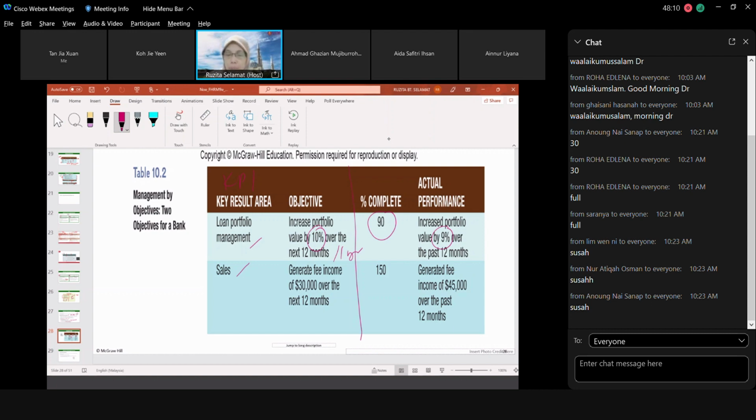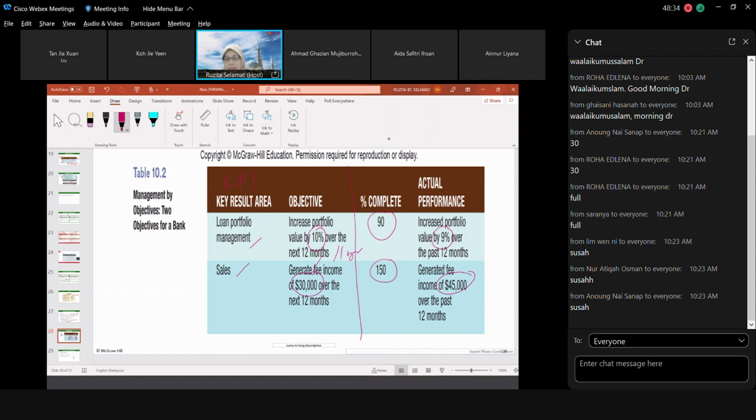The target is to achieve 30,000, but they were able to make 45,000 amount of sales. So in other words, the sales is 150% achieved, or completed. Mereka buat sales 1.5 kali ganda daripada target yang ditetapkan, right? So meaning is 150%.